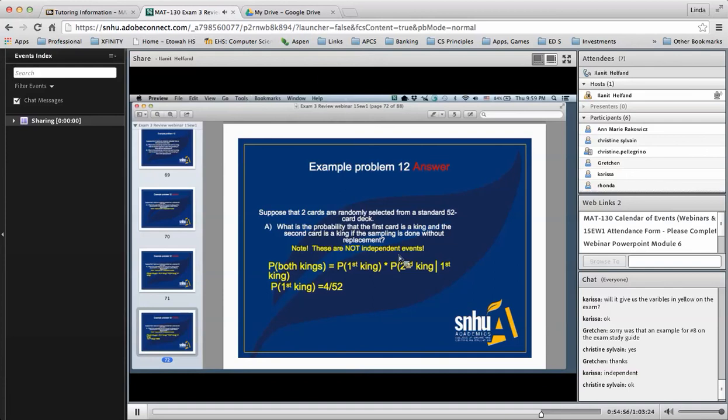So if I already pulled a king out, what do I have? 51 cards are left because I already took out a card, and 3 of them are kings, because I used to have 4 kings, but now I only have 3.